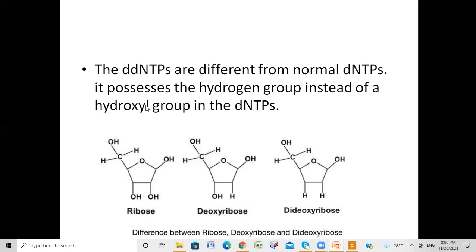But this hydroxyl group is important for the formation of the phosphodiester bond to keep the chain growing. So while the chain is growing, if a ddNTP comes in place of the dNTP and joins, the chain elongation will be stopped. That is known as the chain termination method. The chain is terminated. There is no further elongation.